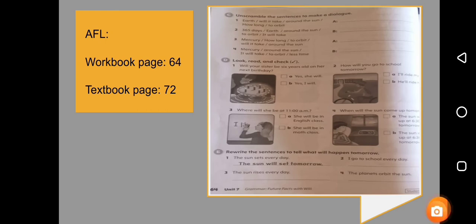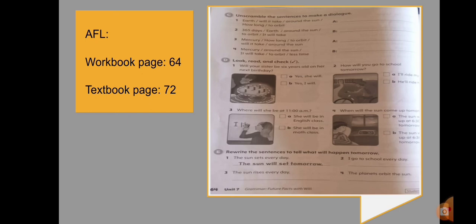So now this was all from my side. This is page number 64. 63 we have done. Now this is 64 that I'm giving you as an AFL. In part C, you have to unscramble the sentences. In part D, again, you will look at the pictures and you will just mark the correct option.